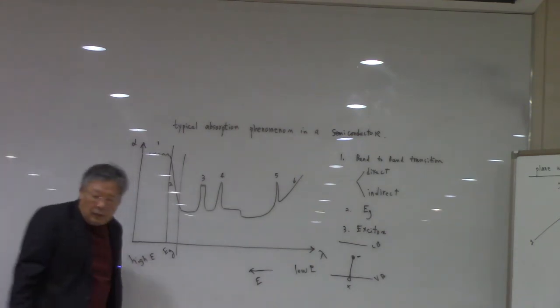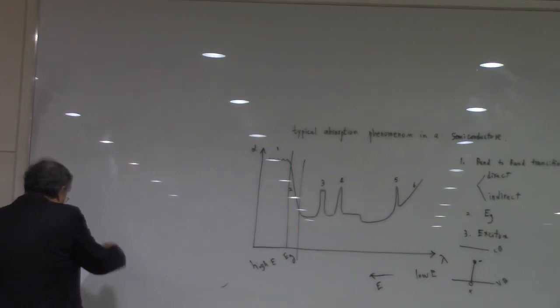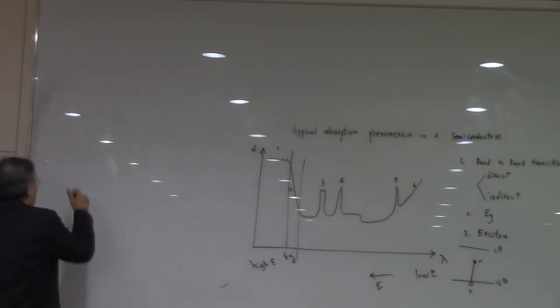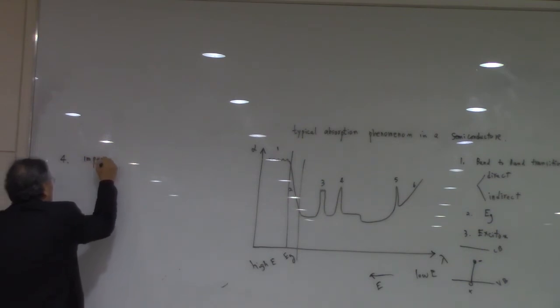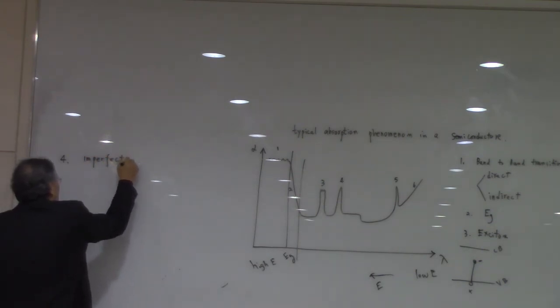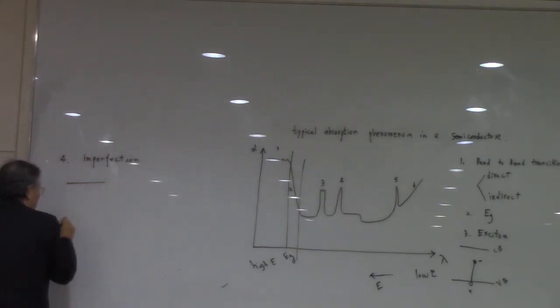Okay, and number 4 is the impurity absorption. Number 4 is imperfection absorption, and it is related to the absorption inside this imperfection level.